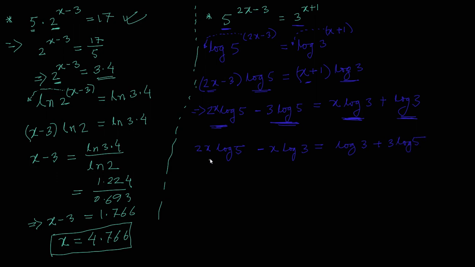Now let's take x out as a common term, so I have x times 2 logarithm 5 minus logarithm of 3 equals logarithm of 3 plus 3 logarithm of 5.